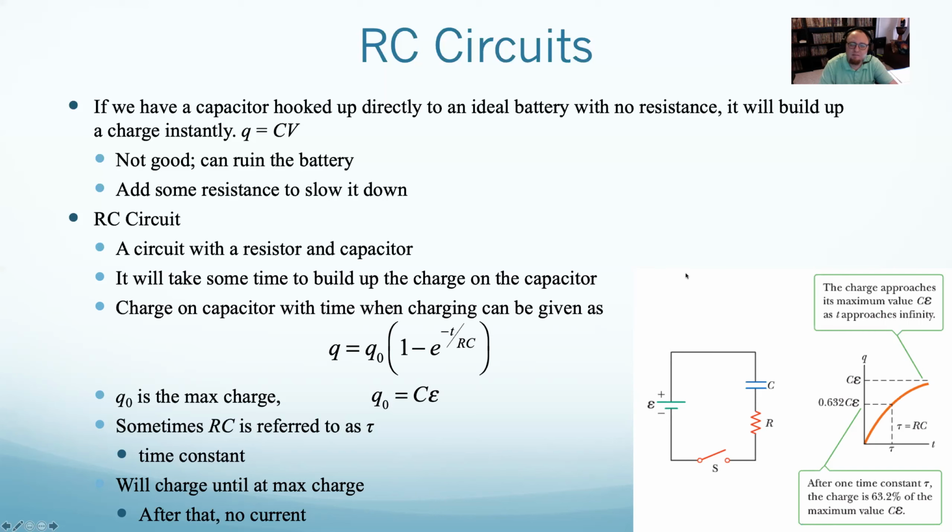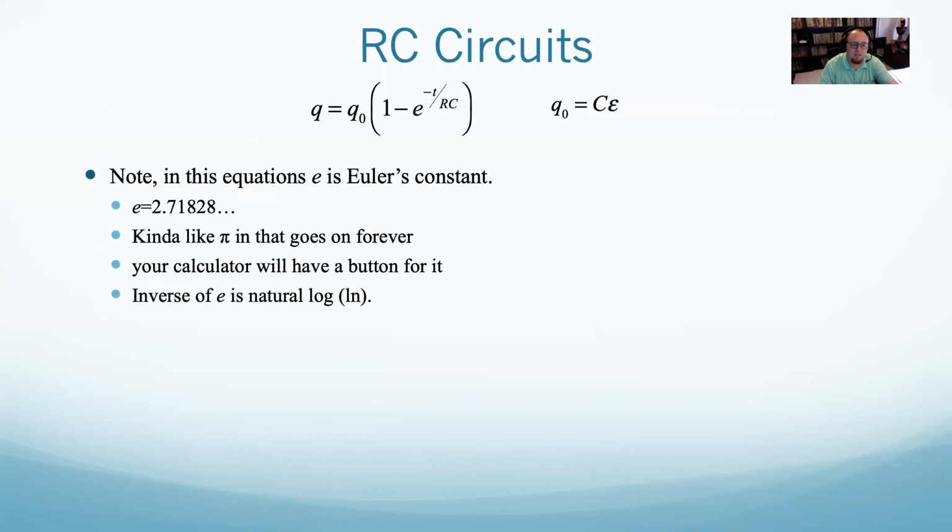That e there is Euler's constant, 2.71828. On a calculator, you see a lot of things with an e to the power of. It's the inverse of natural log, so anytime you see a natural log, that's how you undo it. But that'll be the charge as a function of time.